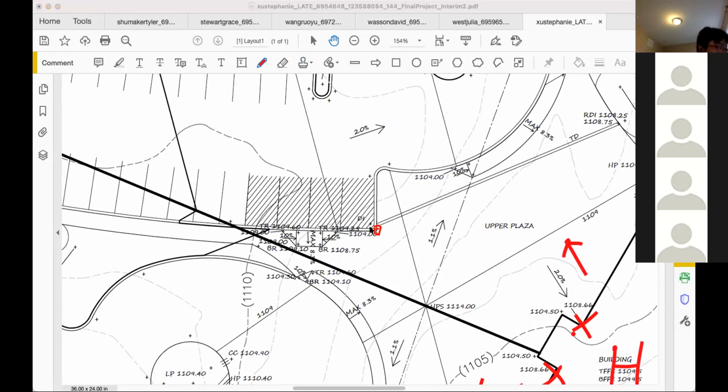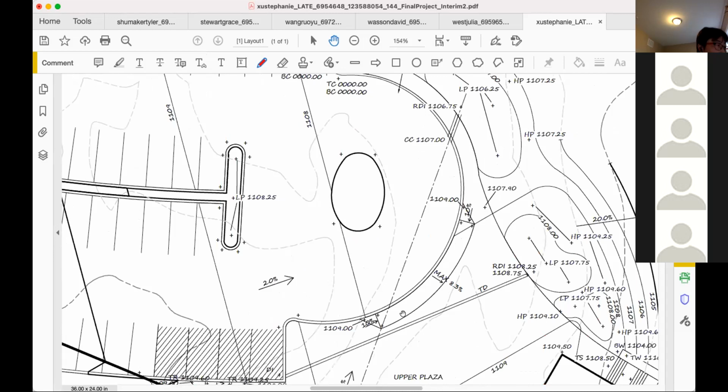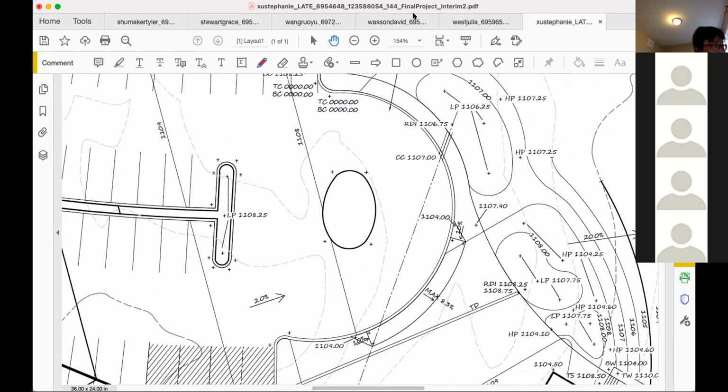The lowest point is lower than this one. So you don't need an opening there. Water will keep flowing downstream, and we're looking for the lowest point, which is actually here. Yeah, that's where the lowest point would be.